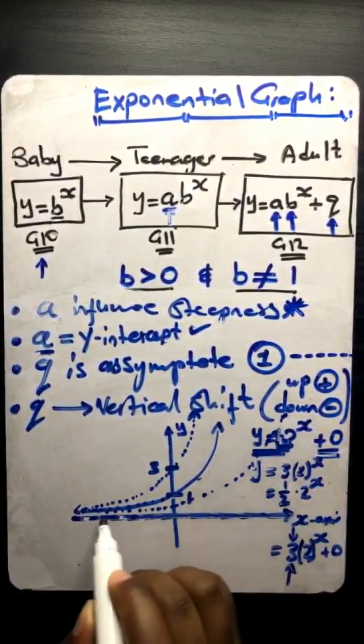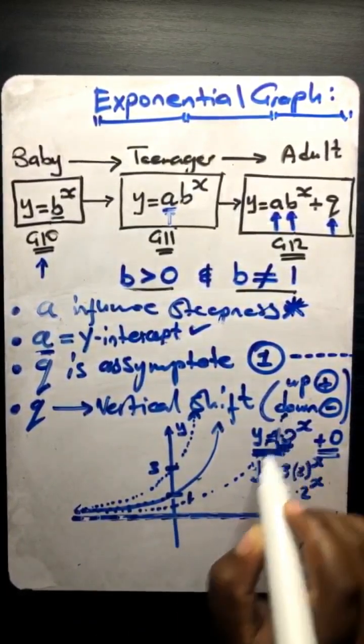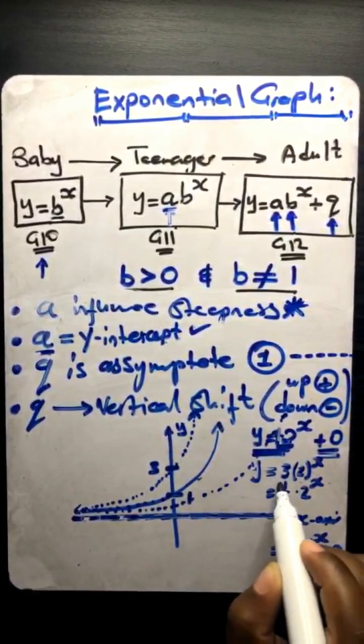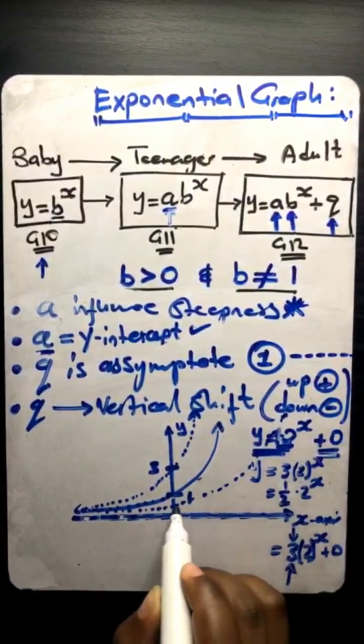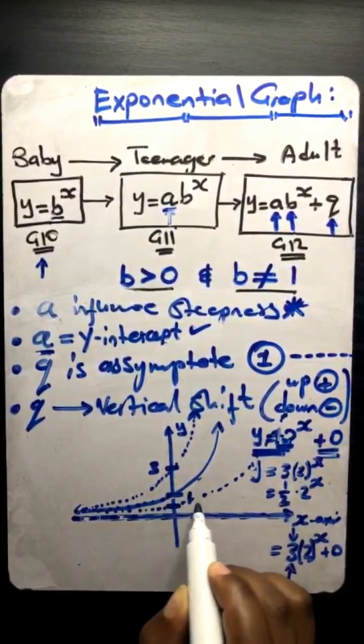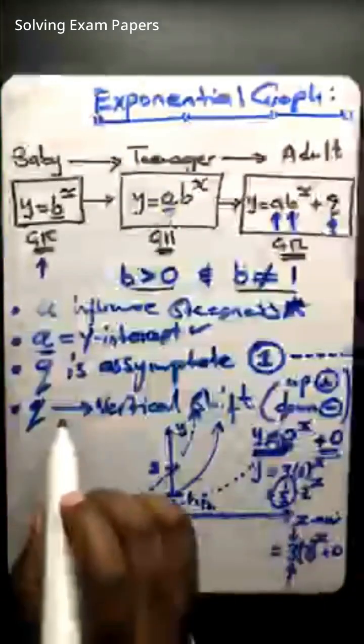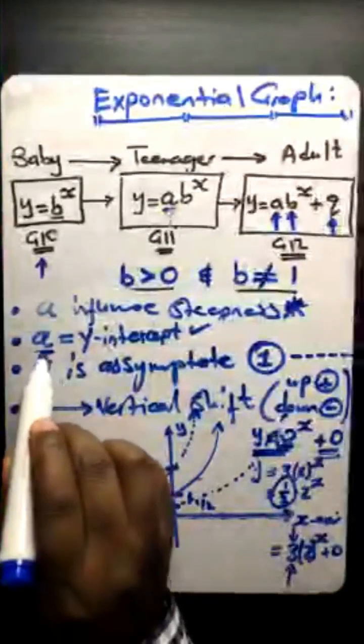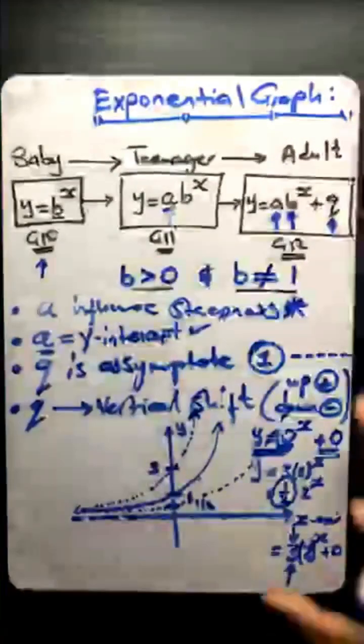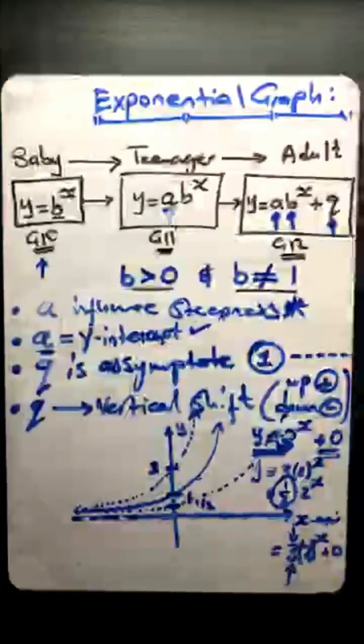Can you see the slope? It is not that steep for this one having a value of half. That is why it actually cuts the y-axis there at half, because we said that the A value is the y-intercept. Also, what I've explained there, does it make sense, guys?